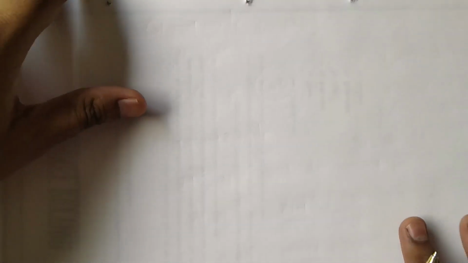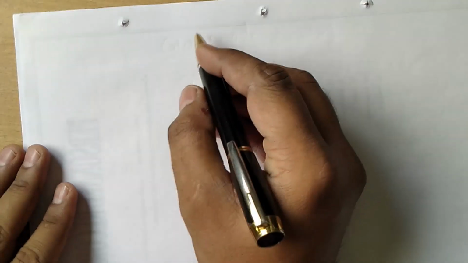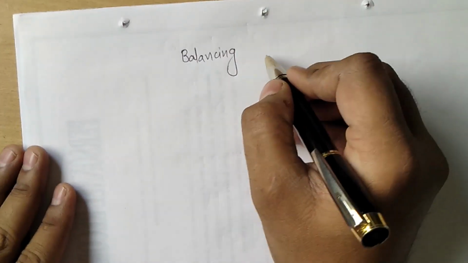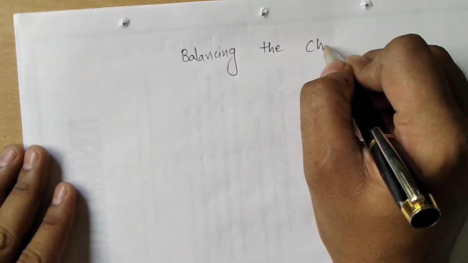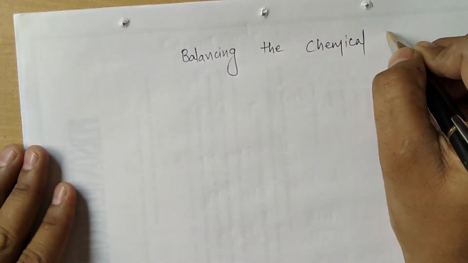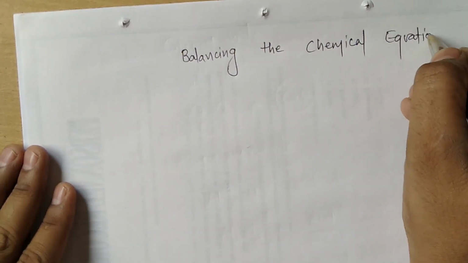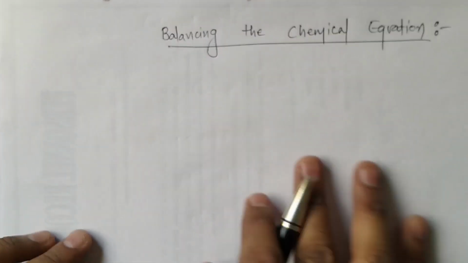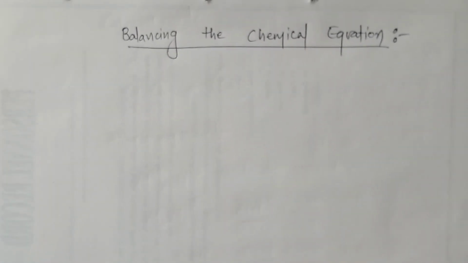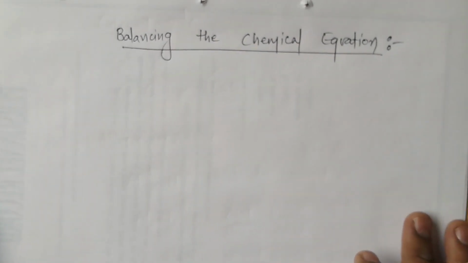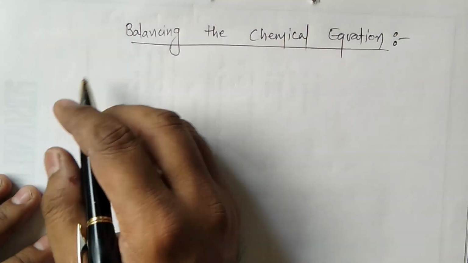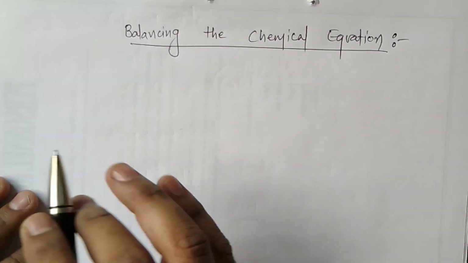Now the next part is balancing the chemical equation. How are we going to balance any chemical equation?